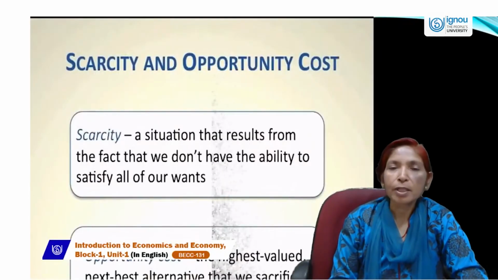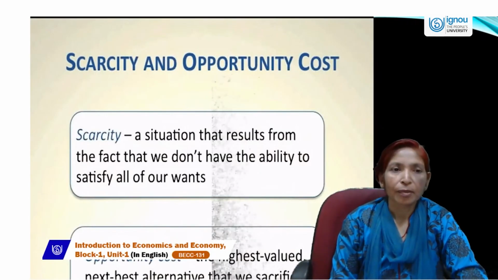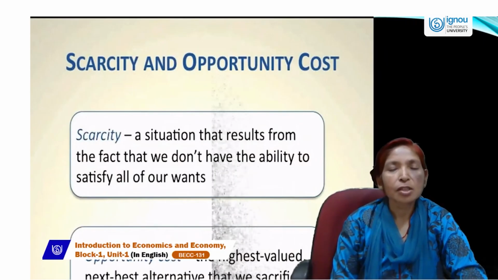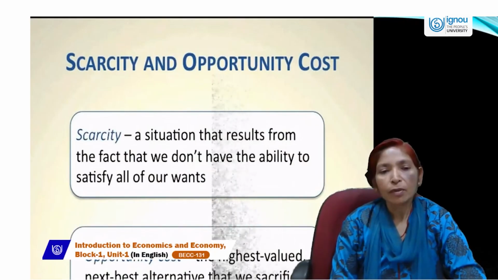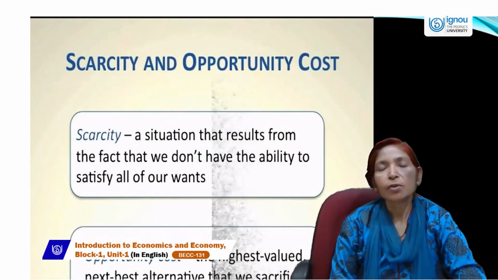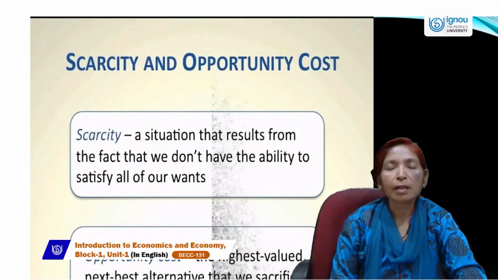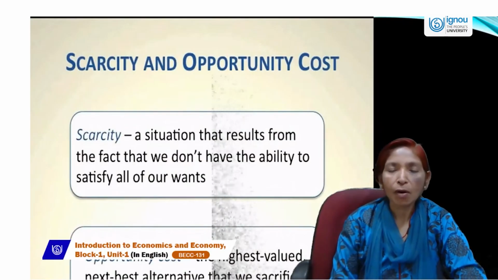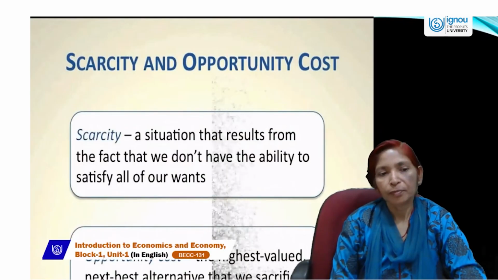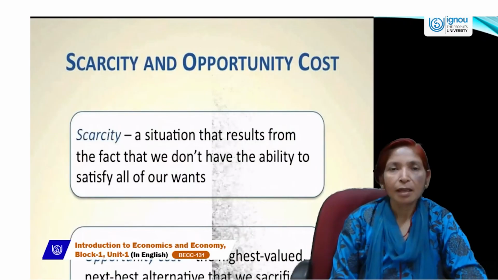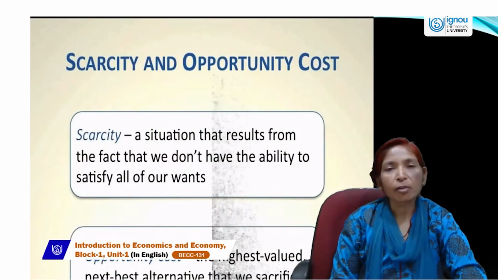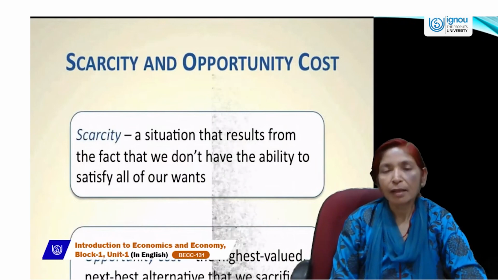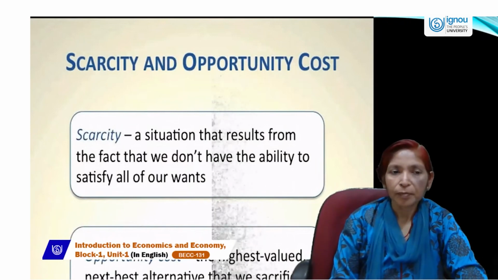Next is scarcity and opportunity cost. You know that scarcity is a situation that results from the fact that we don't have the ability to satisfy our unlimited wants, or all of our wants. So, scarcity arises when supply of any factor of production is less than its demand.